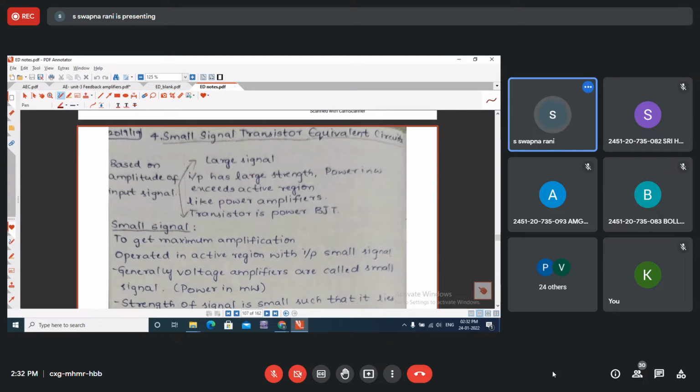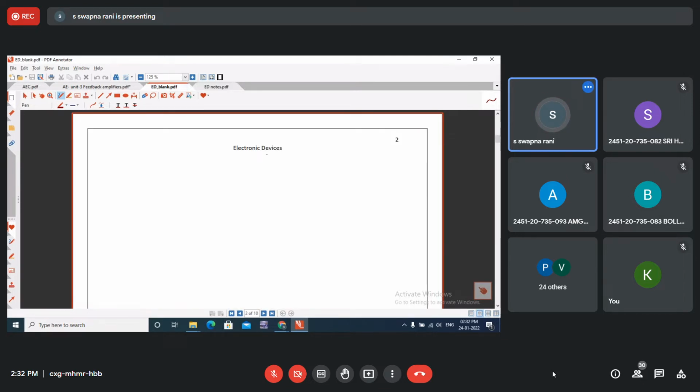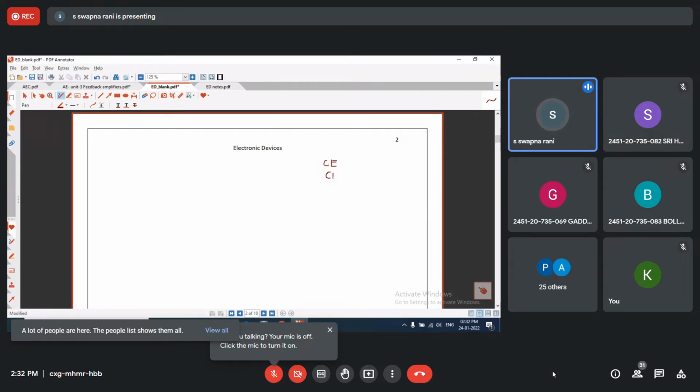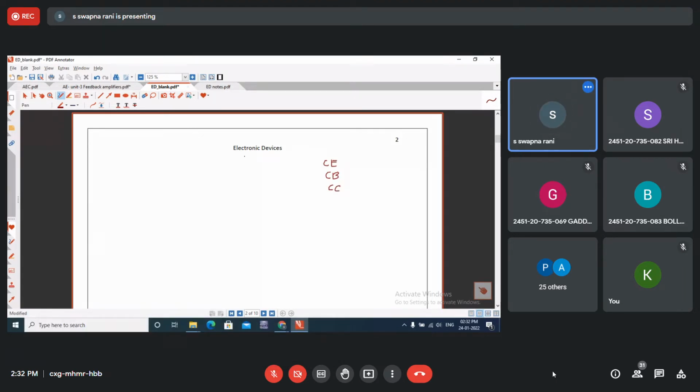And here we will see in detail the analysis of common emitter amplifier, common base amplifier, and common collector amplifier.